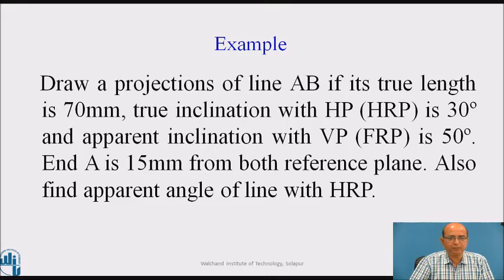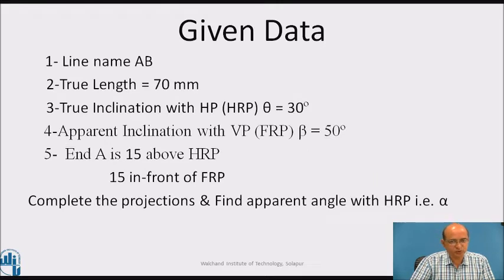Also find the apparent angle of line with HRP. So this is the question. If you have the summary or compilation, the given data is like this. The line is AB, the true length of the line is 70 millimeter, true inclination with HRP is 30 degrees, apparent inclination with FRP is 50 degrees, end A is 15 millimeter above HRP and 15 in front of FRP.